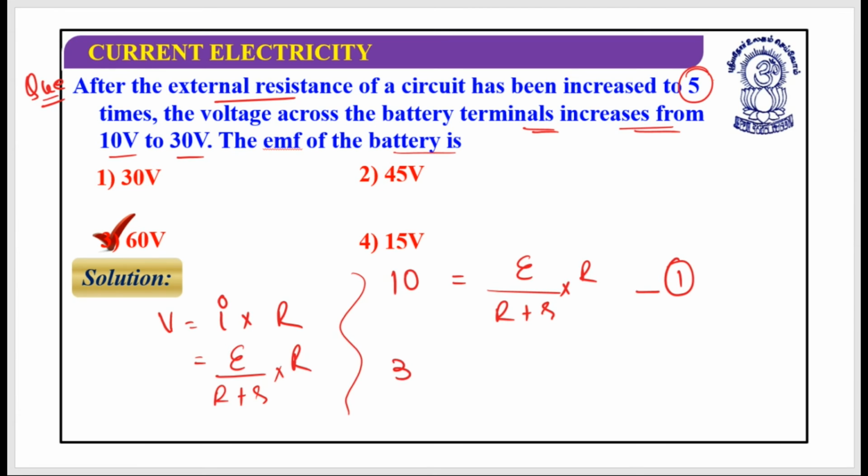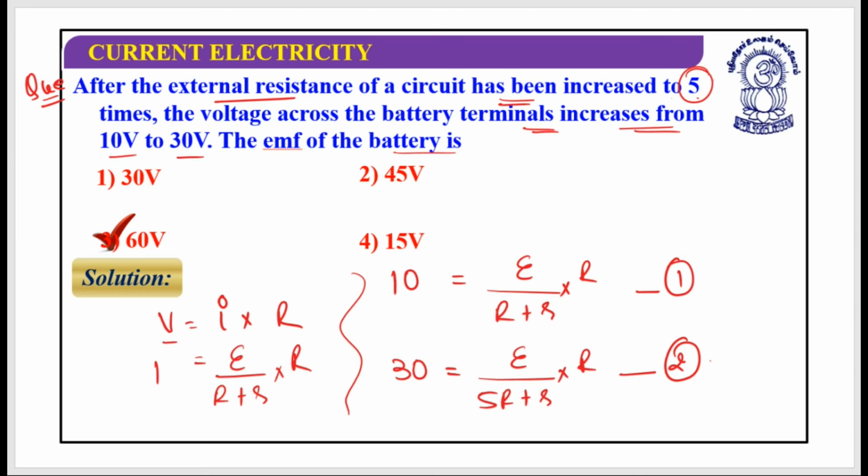And the second relation: 30 equals E divided by 5R plus r, multiplied by 5R, because the external resistance has been changed to 5 times the initial value. This is relation number 2.